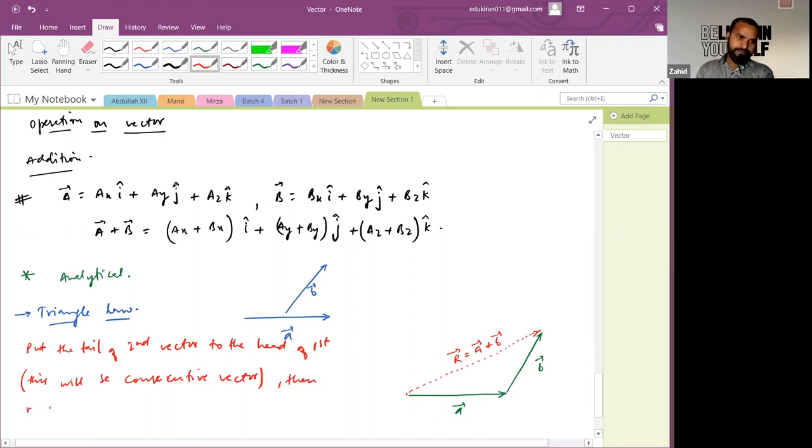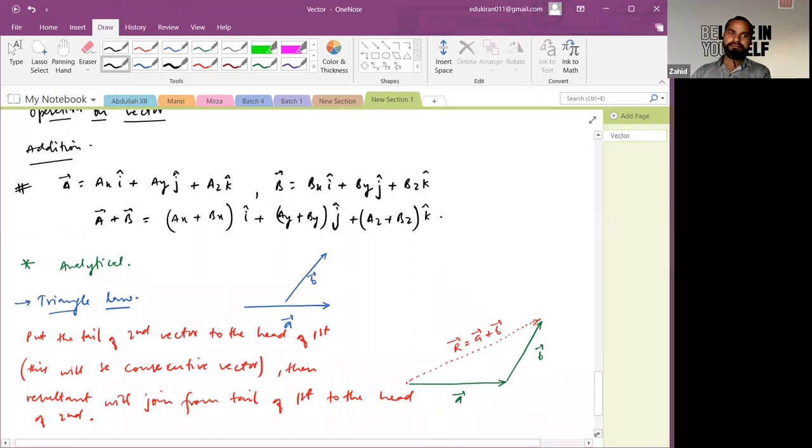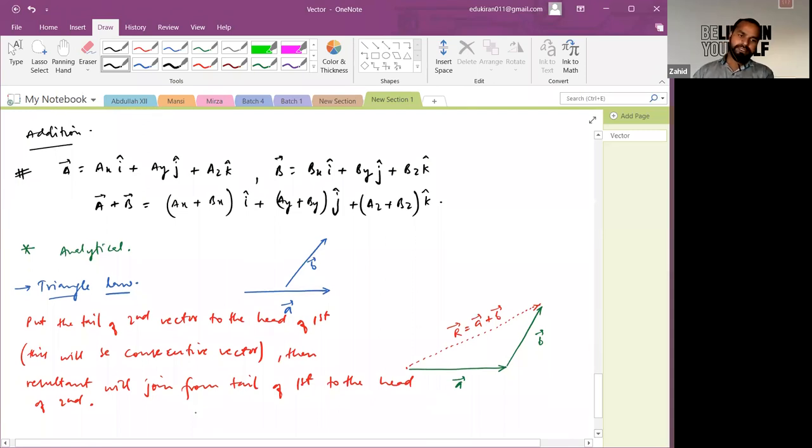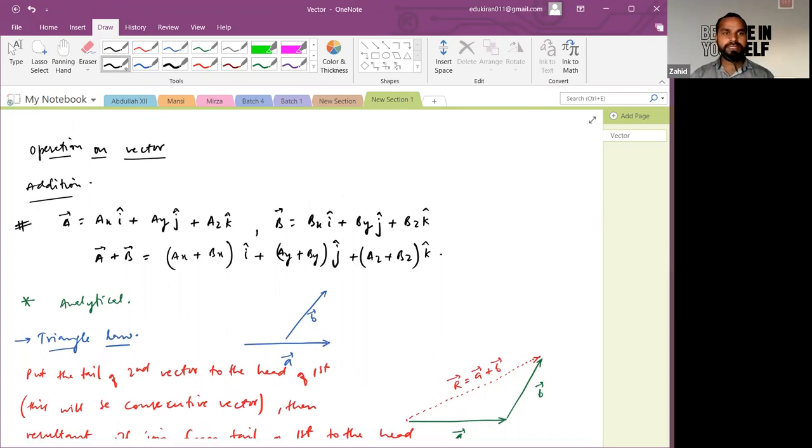Then the resultant will join from the tail of the first to the head of the second. Sure, is it clear? Then you will say the resultant is equal to A plus B, and this is termed as triangle law. Just write it down.